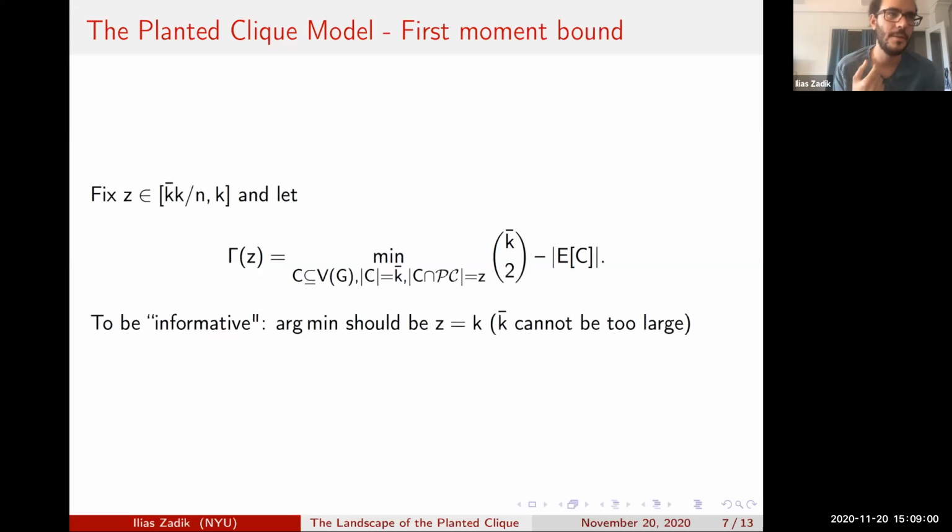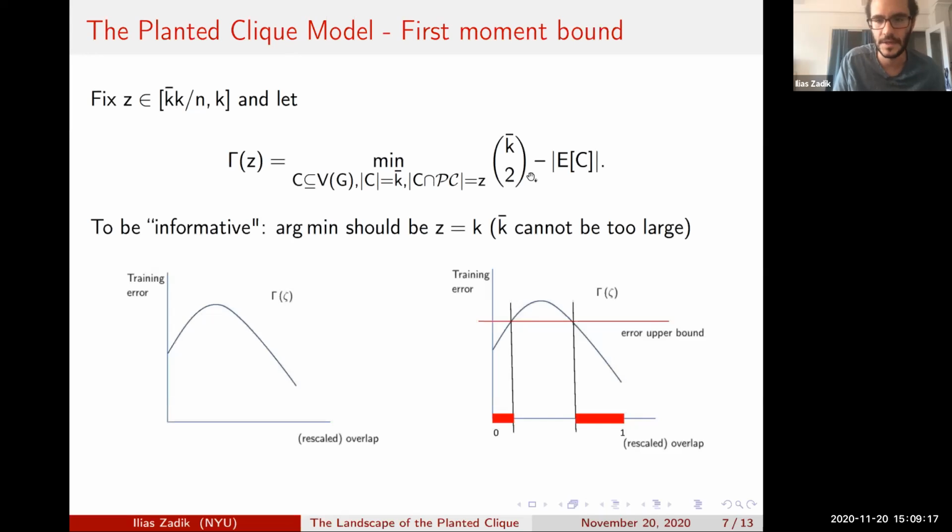And it's natural to think that this is the key quantity here because, first of all, to be informative, this loss should be minimized when you contain the clique, when you have full overlap with the clique. So essentially the argmin should happen at Z equal K. There are some technicalities there, but essentially what drives the picture is the monotonicity of this curve.